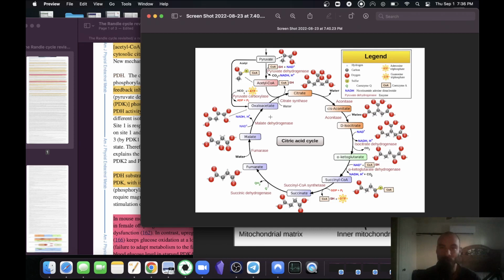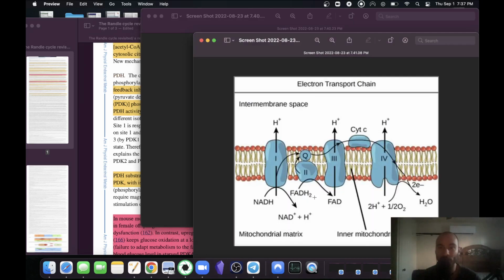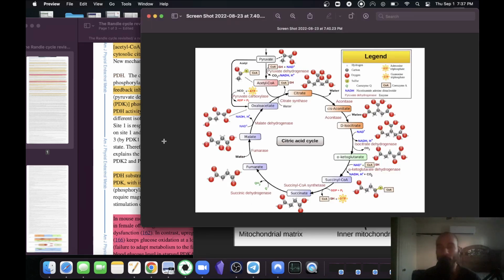This is what happens when you have an excess of fatty acid oxidation, and a large part of it stems around that ratio again of FADH2 to NADH. With fatty acid oxidation, there's a comparatively higher ratio of FADH2 to NADH than there is in carbohydrate oxidation, and it causes this whole backlog.